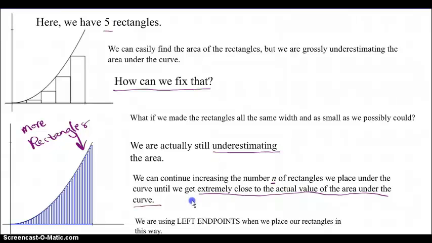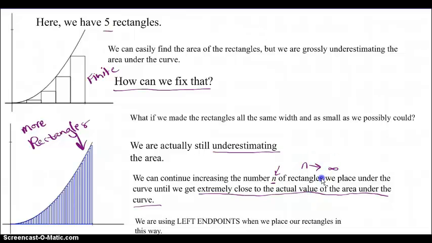And this is how we are going to approximate the area under the curve. We can have a finite number of rectangles, or we can have the number n, and we can take n to infinity. Anybody see a limit?